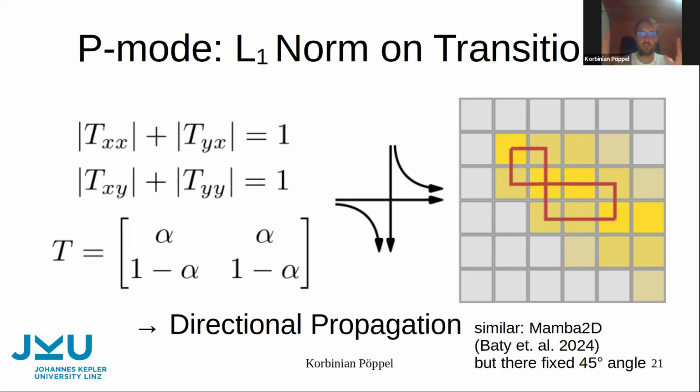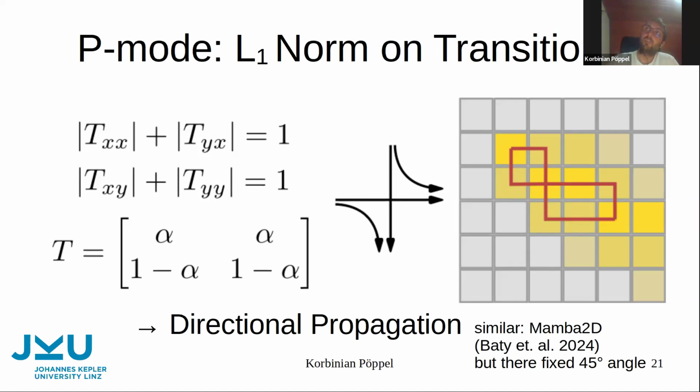So if you imagine you have a 3D cube with, I don't know, voxels, then for the P mode, information would still just move along one line. The receptive field would be just one line.